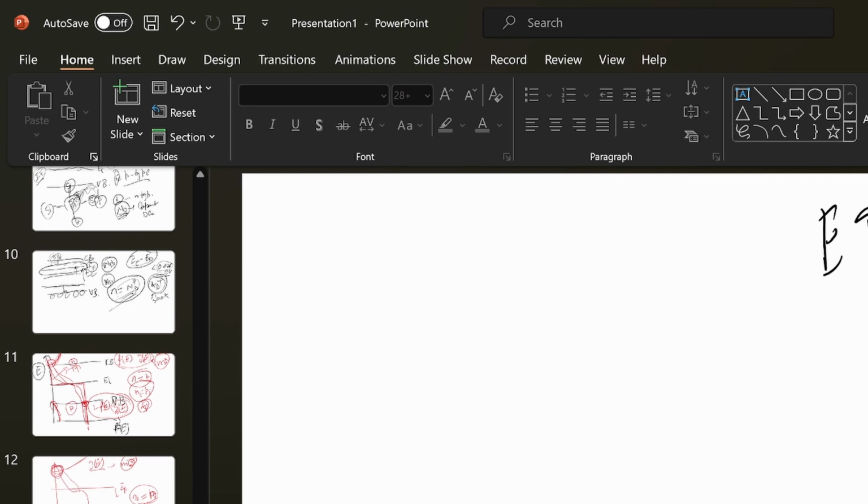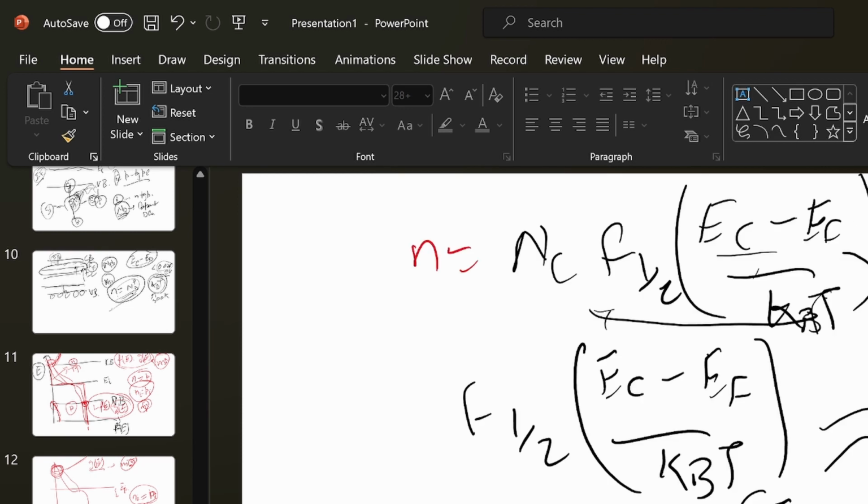This exponent should always be negative, Ef minus Ec by kBT. Okay, so take care of that. Whether it will be Ef minus Ev or Ev minus Ef, take care of that. This is Ef minus Ec, and in the last slide, Ef minus Ev, this will be Ev minus Ef.